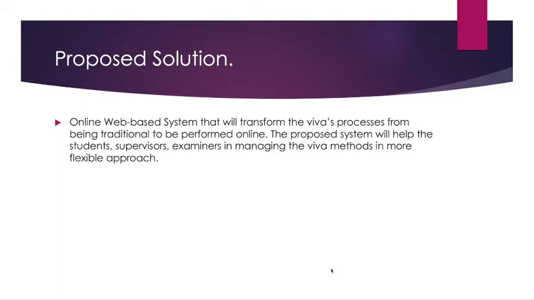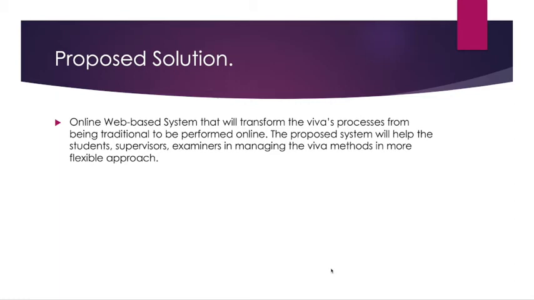The student will be able to choose the chairperson, internal and external examiners. And the student will be able to upload the necessary documents to the supervisor, and there will be a date that shows the submission date.